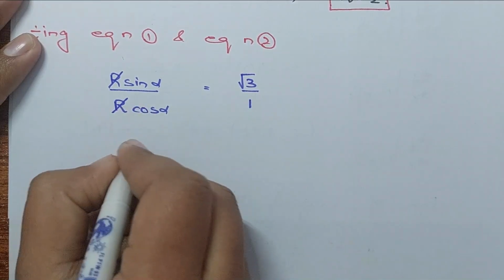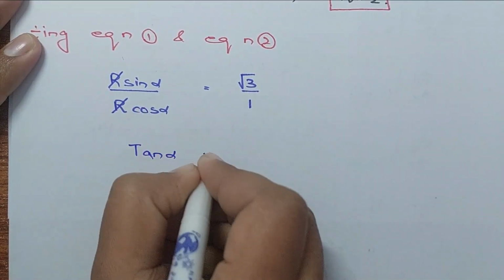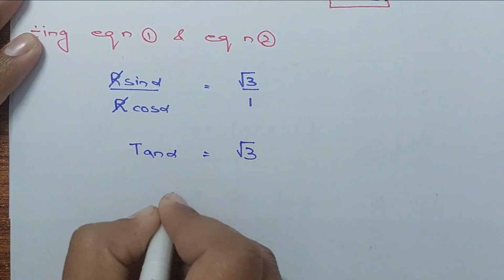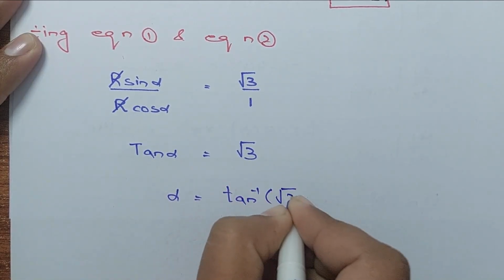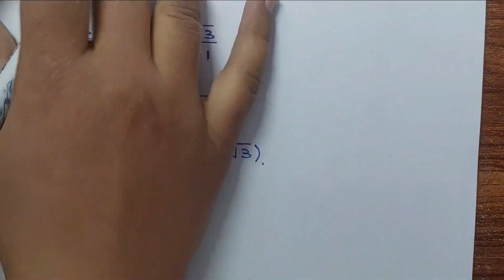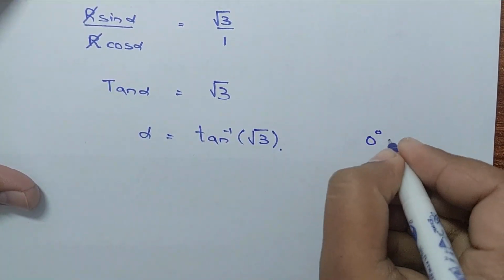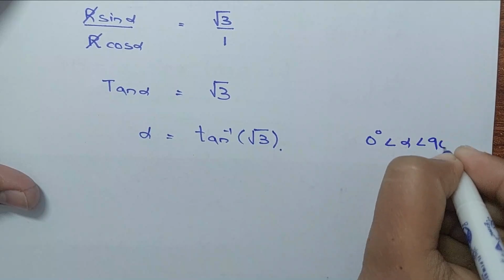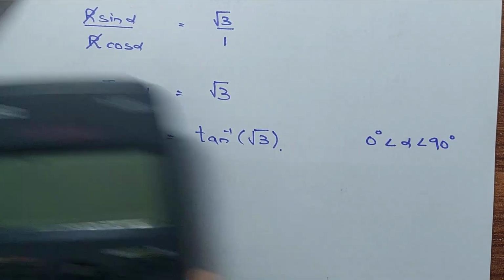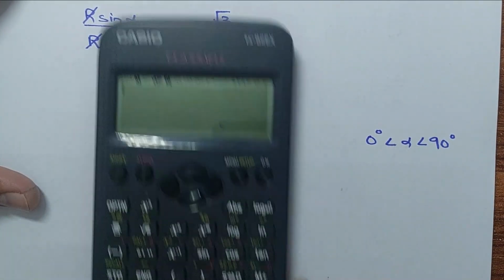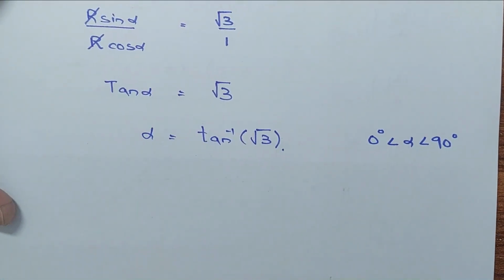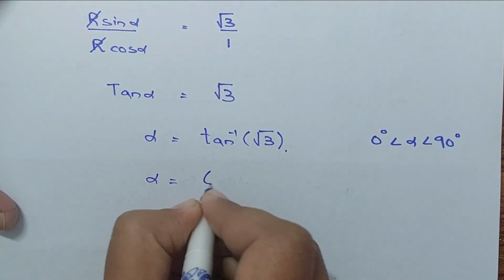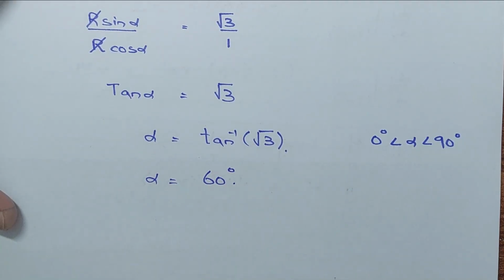Sine alpha over cos alpha is tangent alpha, which is equal to square root of 3. So what is alpha? Tangent inverse of square root of 3, and this is in degrees because alpha should be between 0 and 90 degrees, right? 0 is less than alpha is less than 90 degrees. Okay, my calculator is in degrees. Tangent inverse square root of 3 is 60. So alpha is 60 degrees, right?